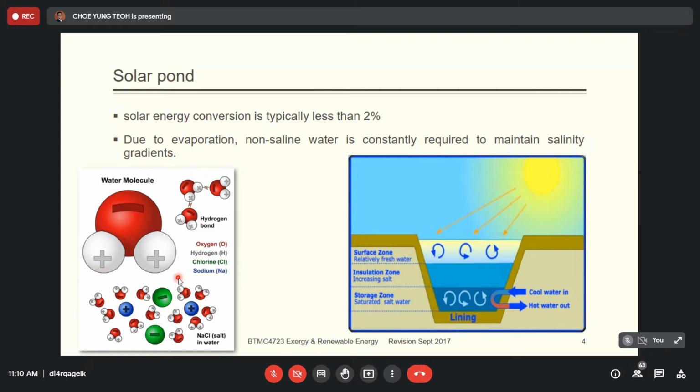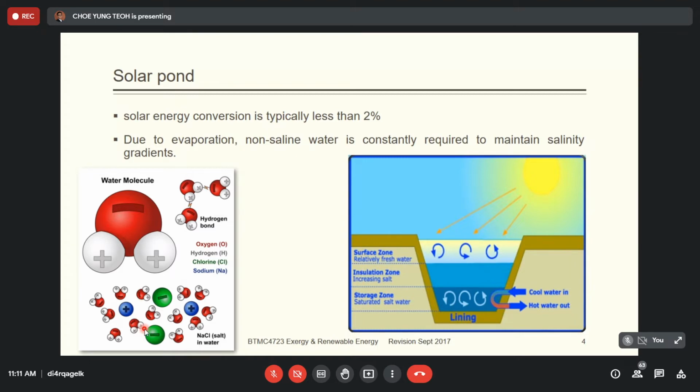The salt we see mostly is sodium chloride, NaCl. When you dissolve it in water, it splits into ions: the ion for chlorine, which is negatively charged, and the ion for sodium, which is positively charged. They dissolve and mix with the water molecules and are held together. That's why we say the salt is completely dissolved in water.